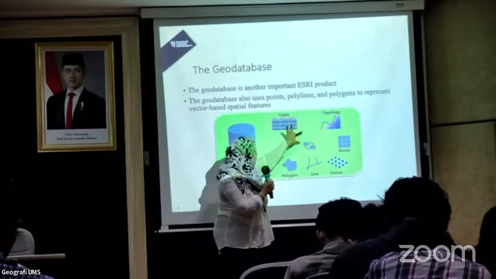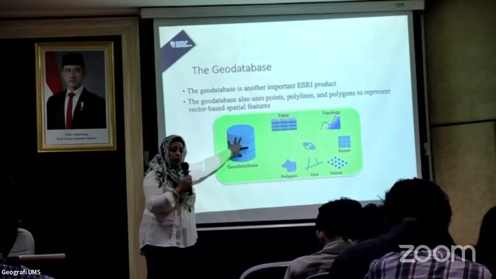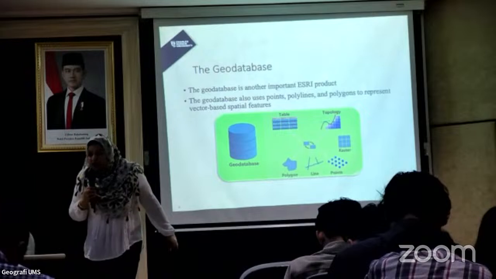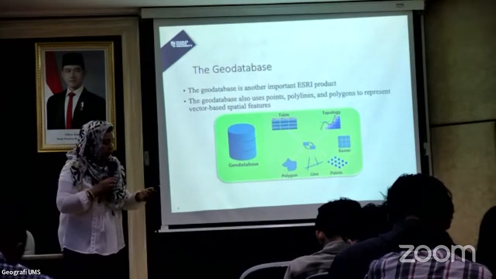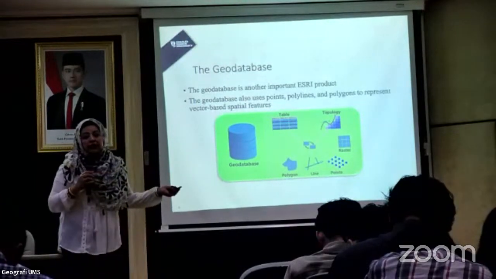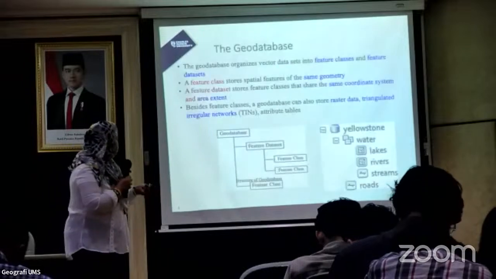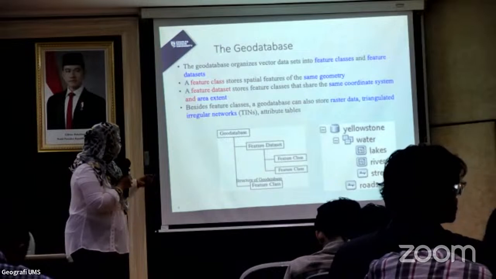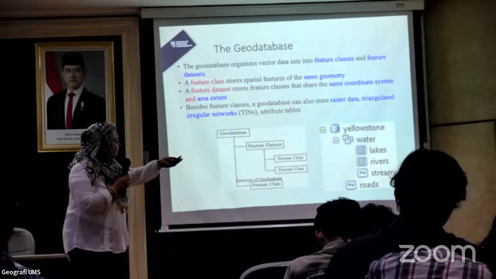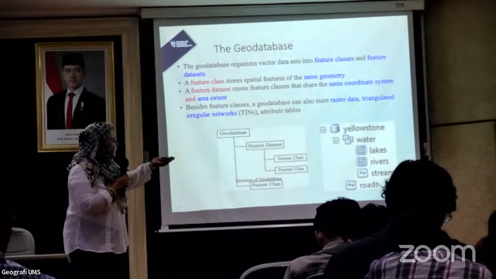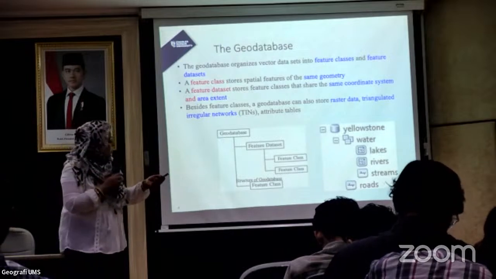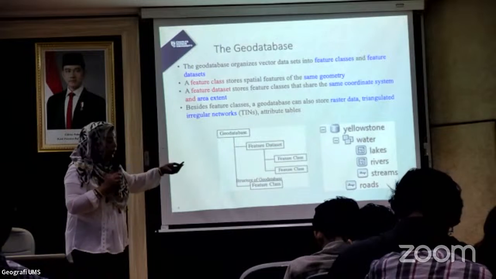All that information will be stored in a geodatabase or a spatial database, and this is how we use it in GIS. These are examples of different feature classes. Maybe we make use of waters, lakes, rivers, streams, roads, railways. They all will be stored in the geodatabase.